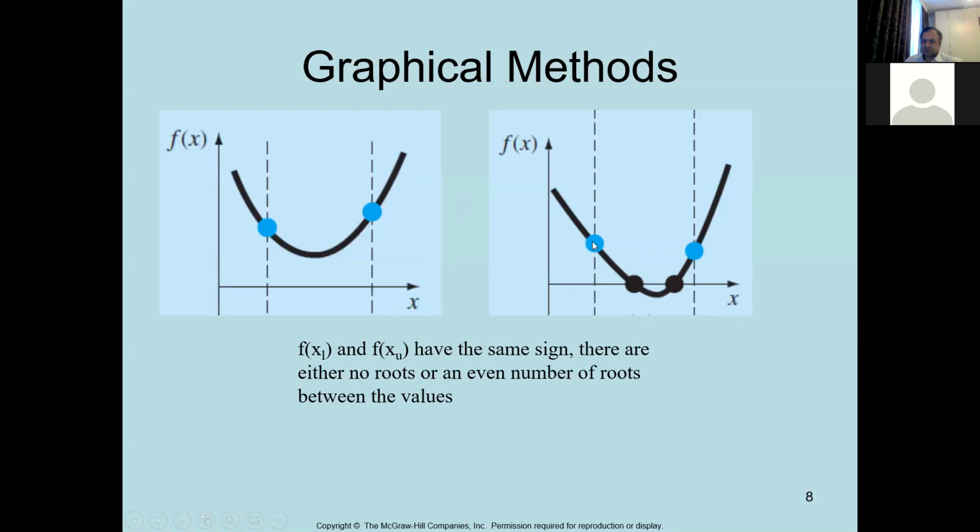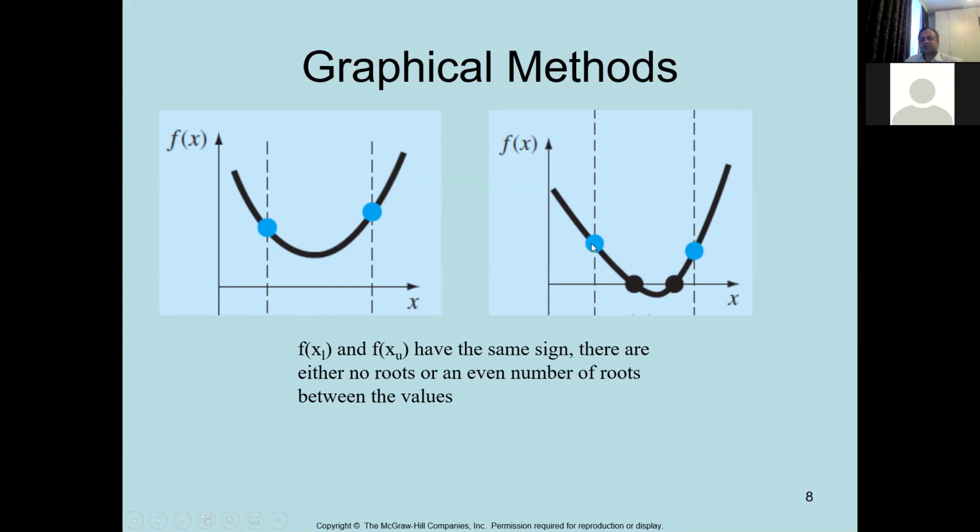For example, here both the extreme lower and upper bound values are positive, but in between, this function touches down on x at two values, first here, another here. So this function will have two solutions.